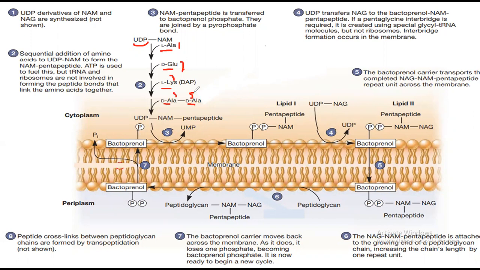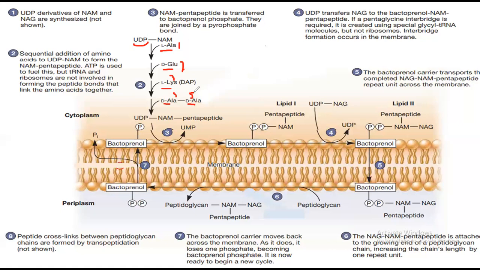And keep this in mind, that inside our cell, a ribosome can also synthesize amino acid chains, peptide chains. It is just like the translation process, in which amino acids bind to each other with the help of transfer RNA. But here, neither transfer RNA nor ribosomes are involved.